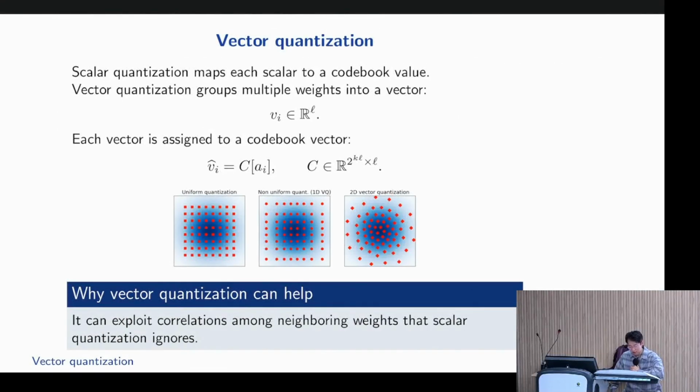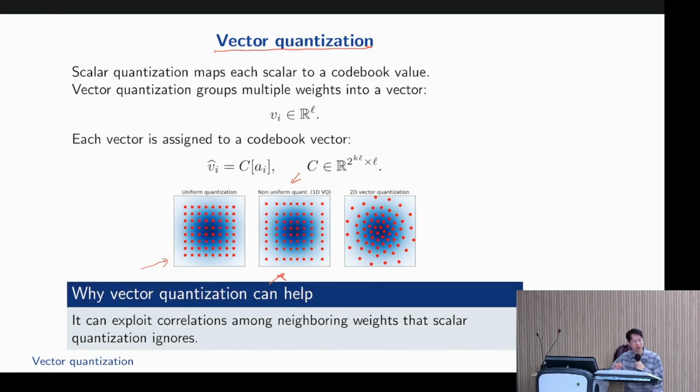Okay, so we just talked about scalar optimization, non-uniform scalar quantization. You can generalize this further to vector quantization. Pictorially, it looks like this. This is uniform grid, and non-uniform quantization in 1D looks something like this.